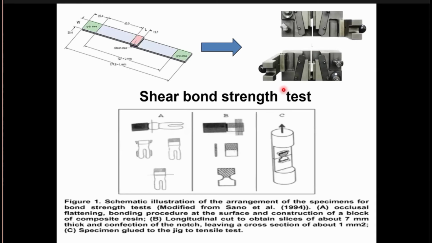So this is an example of bond testing, how we test shear bond and tensile bond. You need to understand the difference between both types of testing. Of course, as a student, you are not meant to do this kind of testing, but at least you should understand the difference, how this testing works.